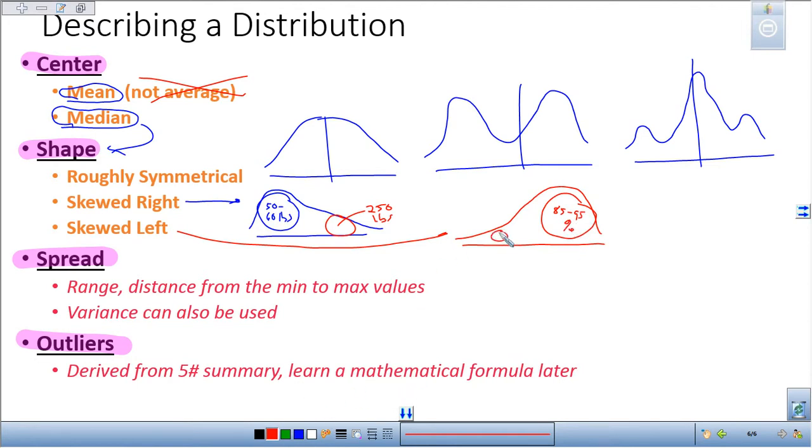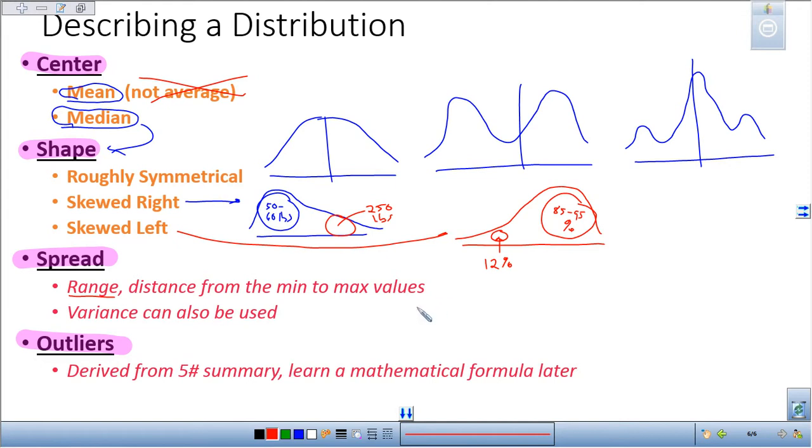But there was one student down here who earned a 12%. That 12% score would skew our data to the left. So again, roughly symmetrical, skewed right, and skewed left. Spread, we can either call it by the range, which would just be the distance from the minimum to the maximum value, or we can also use variance.